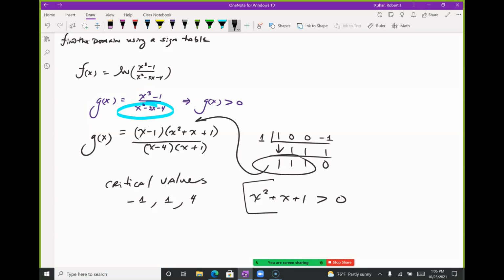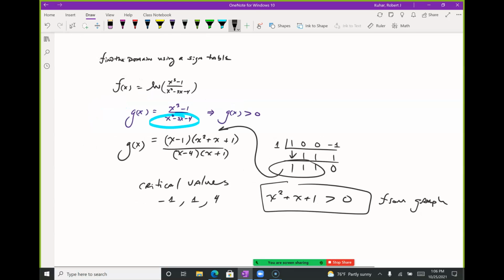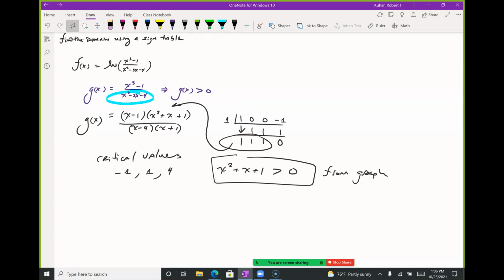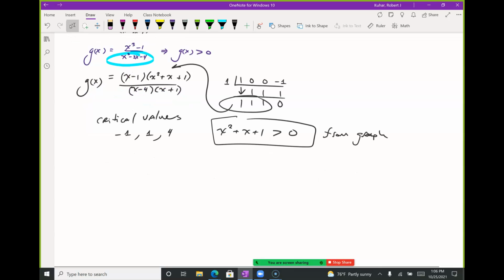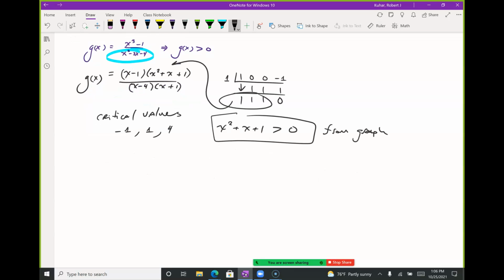And of course I could do this from the graph. So now I've got critical values: -1 can't be used, 1 can't be used, 4 can't be used.